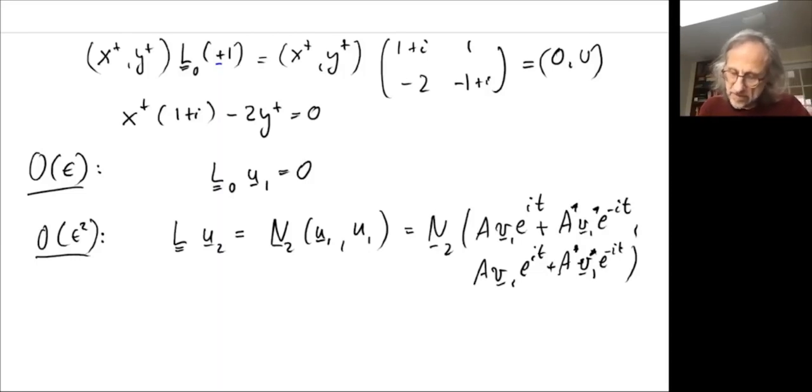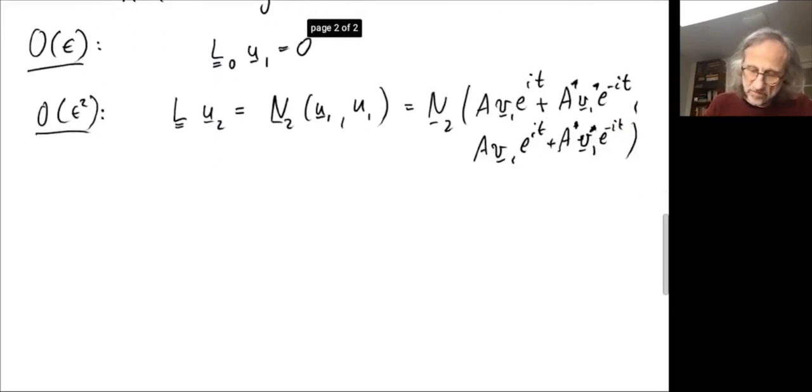It's not too instructive, except that we recognize again, as we predicted, that we will have a term e to the it times e to the it, which will be e to the 2it. We will have a term e to the it times e to the minus it, which will be a constant, and then e to the minus 2it. So let me just write down what you get when you collect the different frequencies.